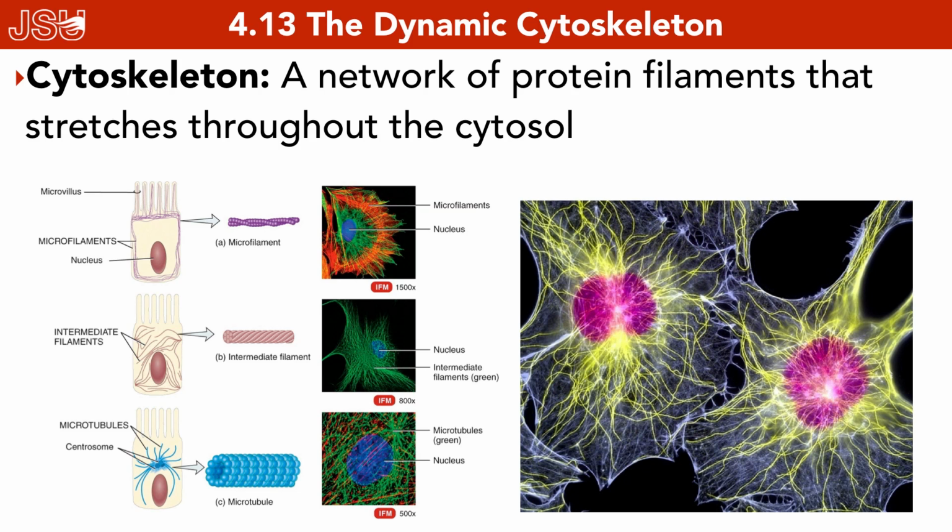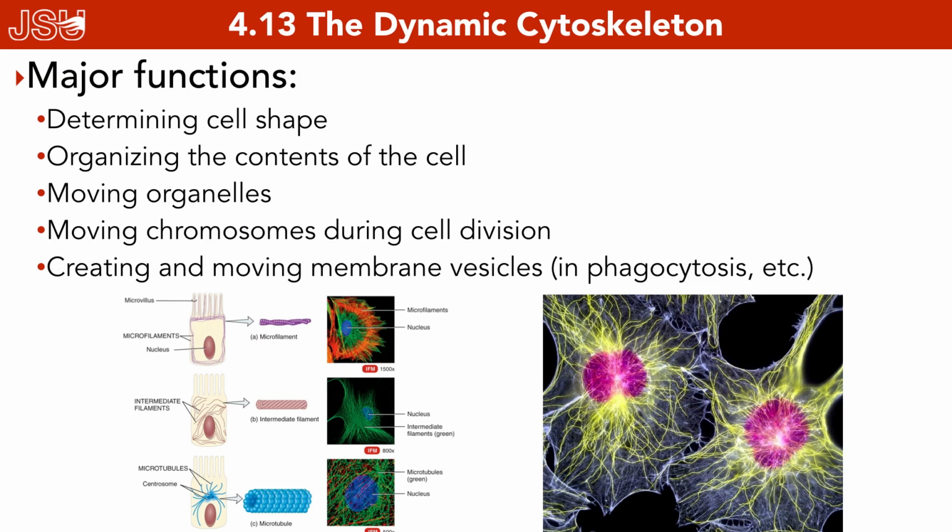Lots of functions with this one. Just to give you a couple examples here. It determines the cell shape. Organizes the contents. We'll show how that does with motion in a minute. Moves chromosomes during cell division. When we start talking about mitosis and meiosis, what does mitosis and meiosis do?